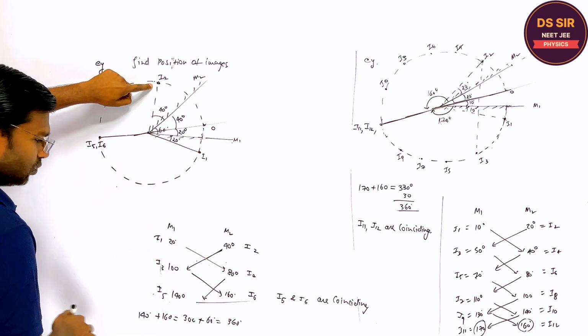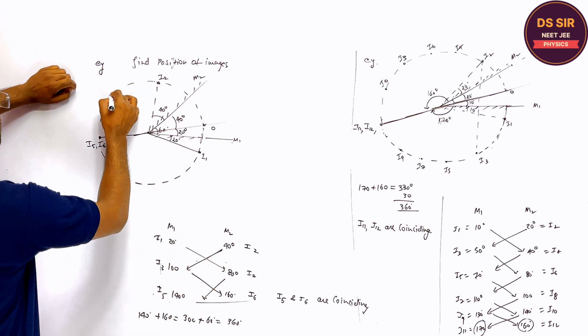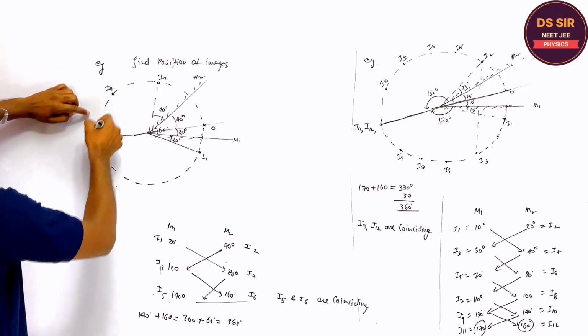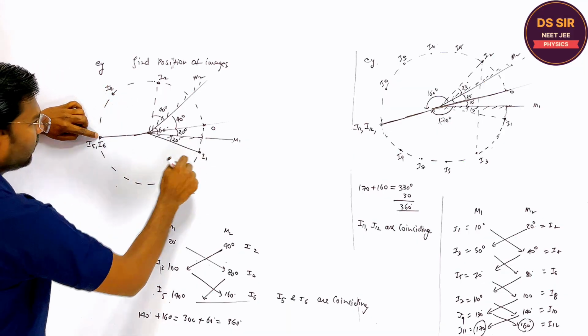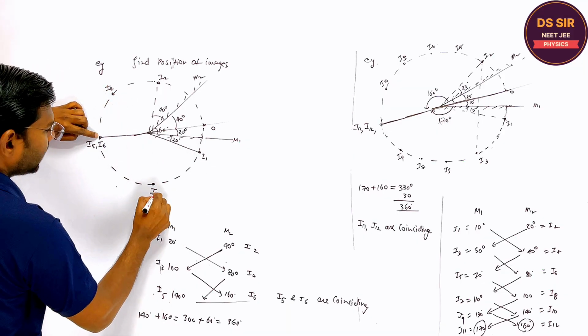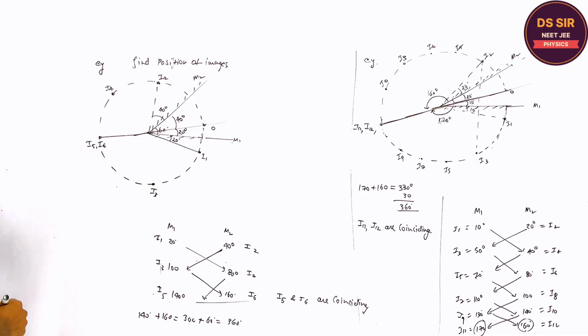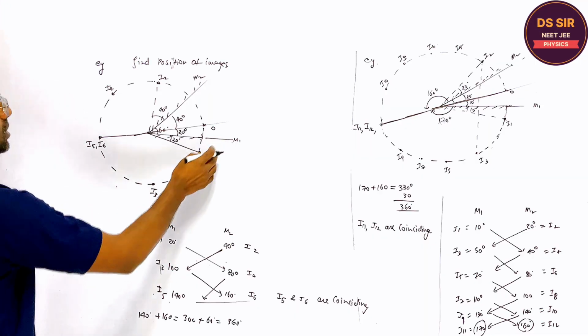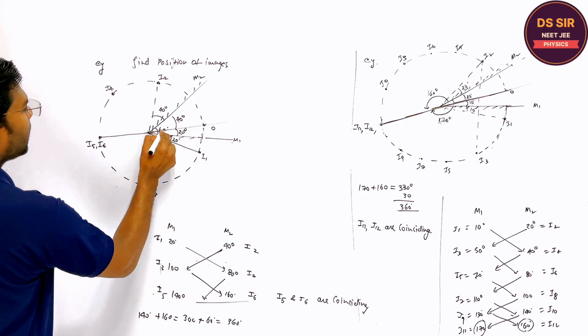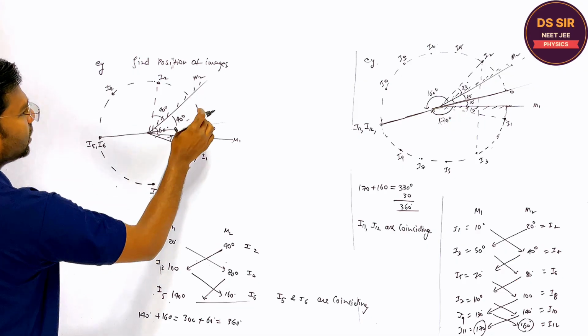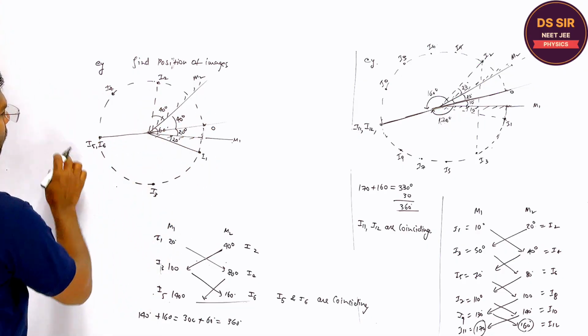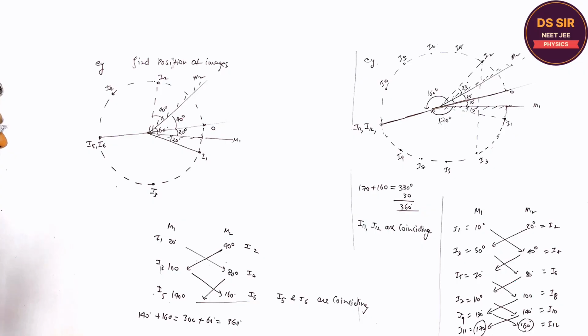So if this is I2, this is I4 and this is I6. In the same way, this is I1, somewhere will be the I3 and it will be the I5. So how many images are formed by these two plane mirrors if the angle between them is 60 degree? I1, I2, I3, I4 and I5 are obtained, right?